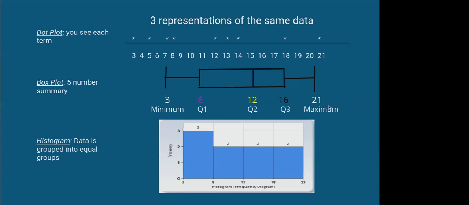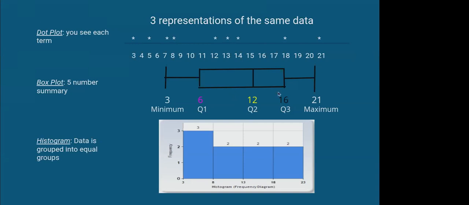You can tell the middle of the data because you have the median here at Q2. Okay? You can tell the range between the middle of the lower half and the middle of the upper half. And that's called the interquartile range.